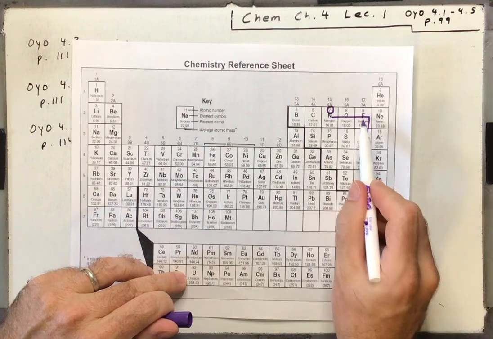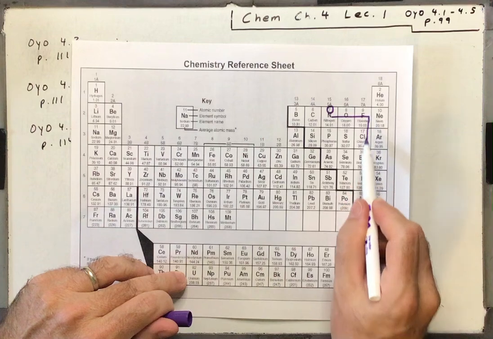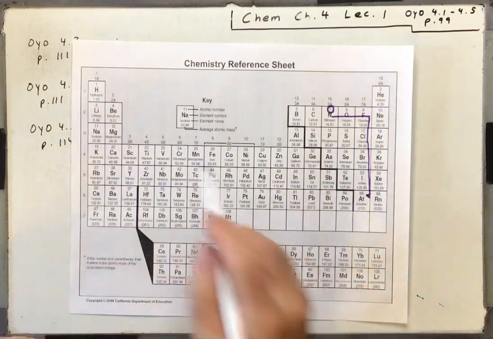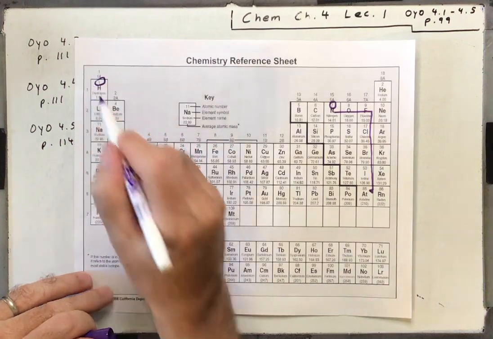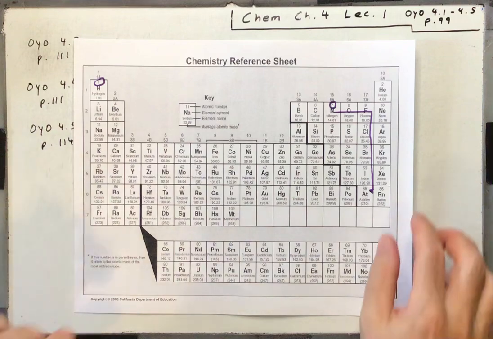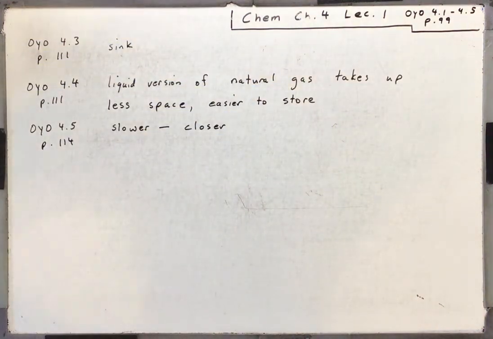Nitrogen, oxygen, fluorine, chlorine, bromine, iodine, astatine. And then you can't forget hydrogen. So that's an easy way to memorize the homonuclear diatomic molecules, and you will absolutely have to do that. All right, that does it for this lecture.